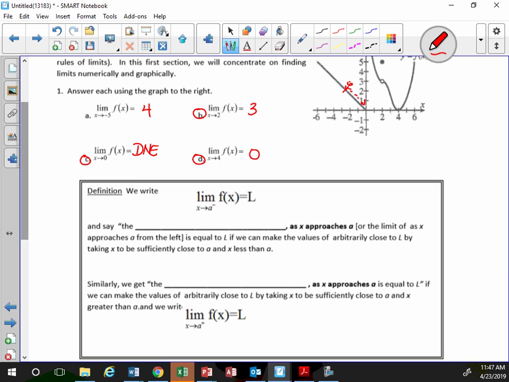So what if the line doesn't touch 0, but the top one does? Like there's a hole right at x equals 0. So then, still, are your two guys going to run into each other? Like, are they approaching the same thing?